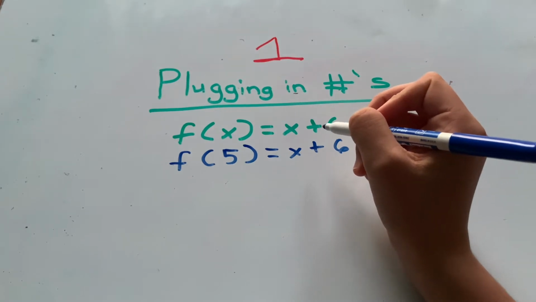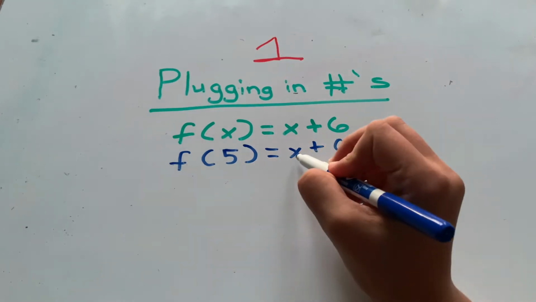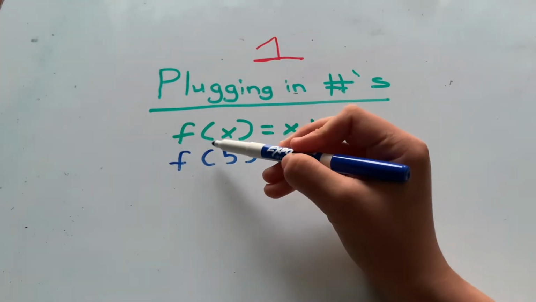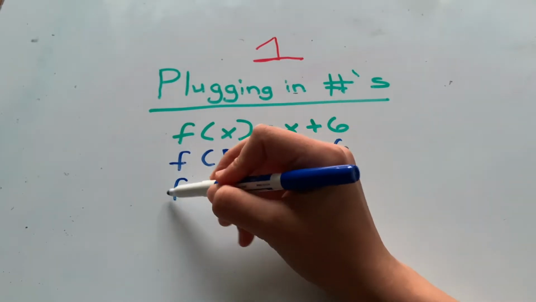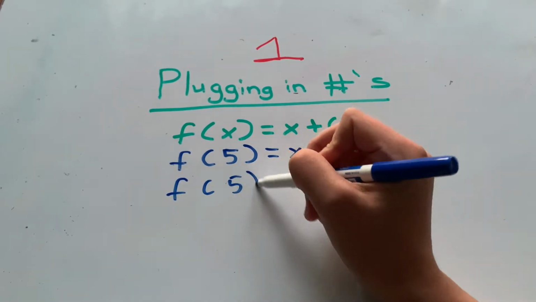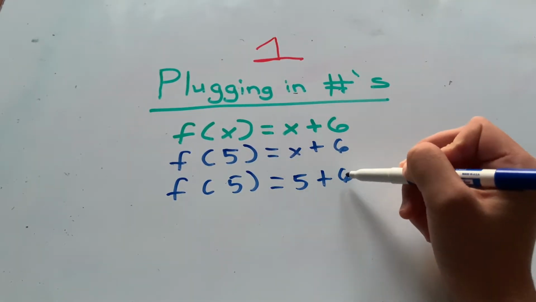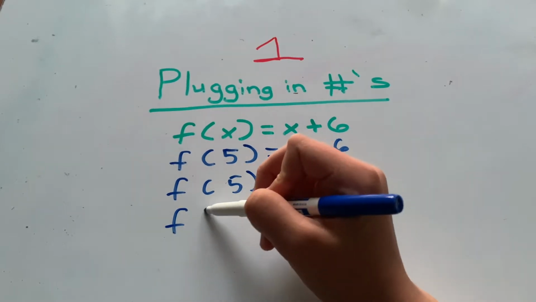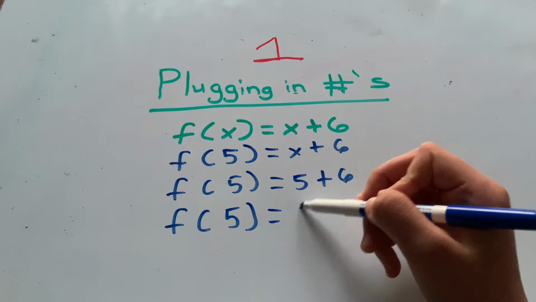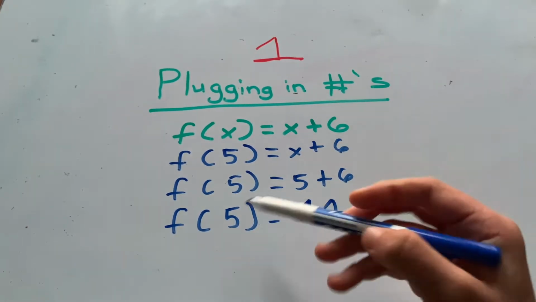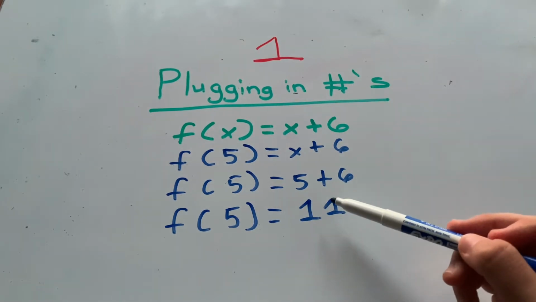What you will do after that is solve by plugging in the 5 to the x, because for the first part, you put the 5 inside the x for f of x. Now you can solve by putting the 5 inside the x right there. And then lastly, just solve out f of 5 equals 5 plus 6 to get 11. So the answer for f of 5 is 11.